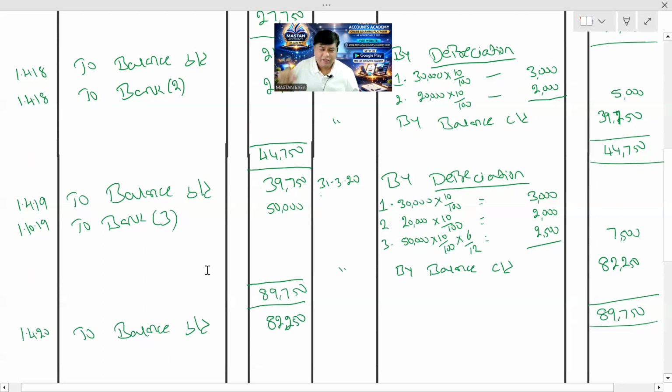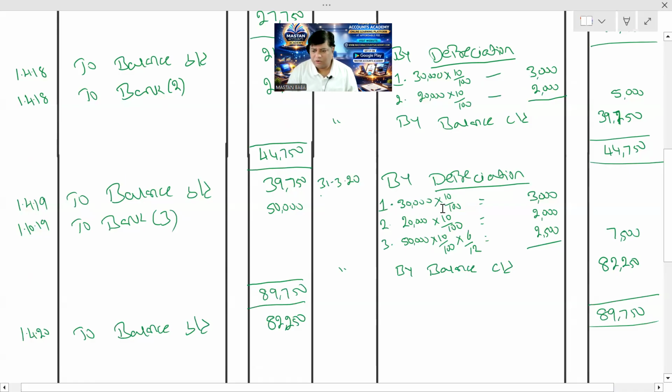In this financial year from 1/4/19 to 31/3/20, in between another machinery was bought. But when was it bought? The second machinery was bought at the beginning, but when was the third machinery bought? In the middle of the year, that is on 1st October 2019. So to bank I wrote again. The value of the third machinery is 50,000, dear students. Again what I did, I segregated here.